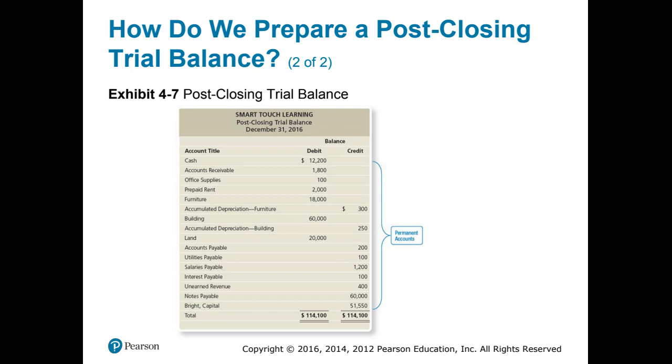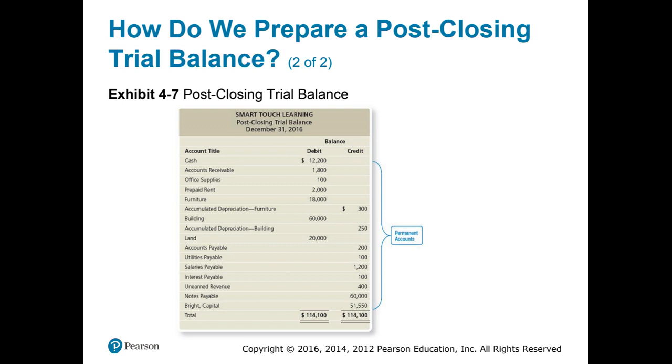And we see this on page 198. This is an example of the post-closing trial balance. This is showing all of the accounts that are listed in the post-closing trial balance. And these are also a list of your permanent accounts because the post-closing trial balance only contains permanent accounts.